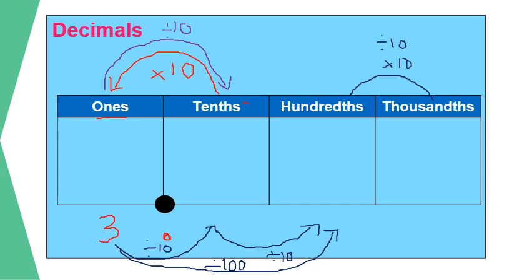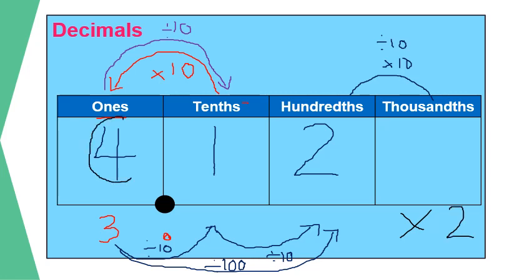The other thing that's really worth noting is that let's say we have 4 and 1/10 and 2/100, so 4.12, and I multiply this by 2.